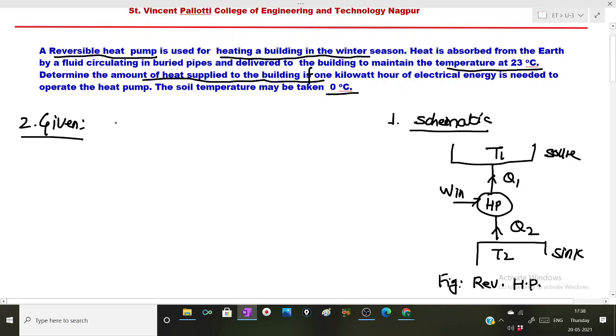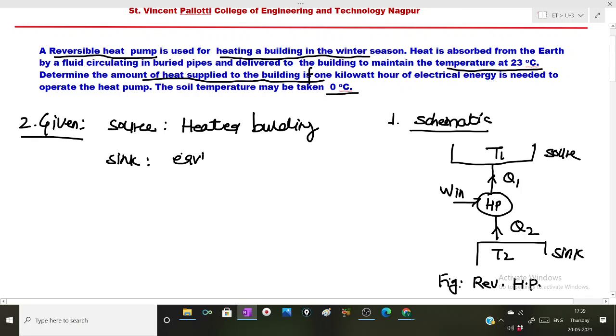Here what will be the source actually? The heated building is going to be the source and its temperature is to be maintained at 23 degrees Celsius. And what will be the sink here?